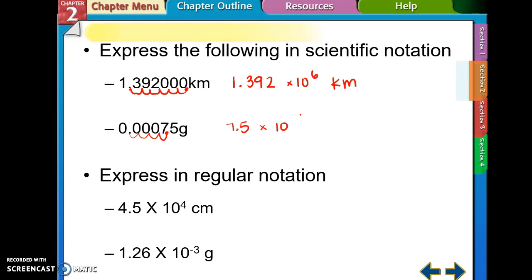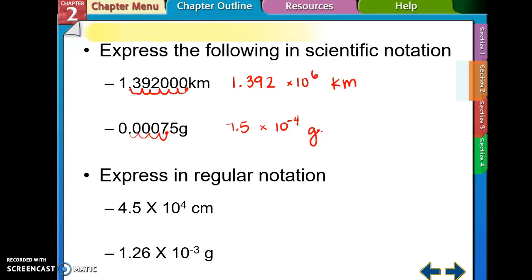I know it moved 4 times, but since I moved it to the right to put it into scientific notation, that means it was a really small number, so that means it's going to have a negative power. So negative 4 grams. So when you're putting something into scientific notation, you are going to know that you've got a positive exponent for a big number, for a number greater than 1, and you're going to have a negative exponent for a number smaller than 1.